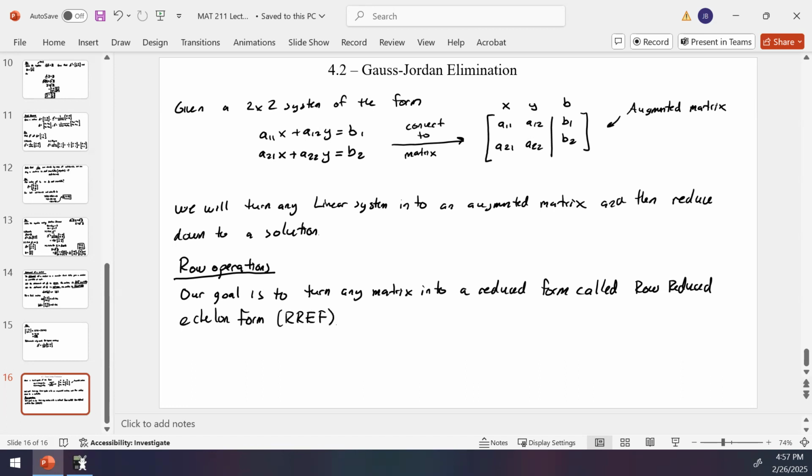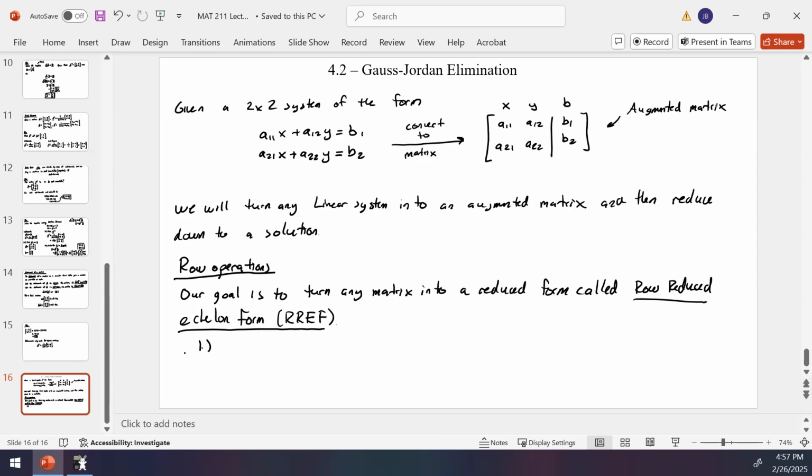Now, what does that mean? It's just a very specific type of matrix that has four certain characteristics, and those characteristics are not too bad to understand.